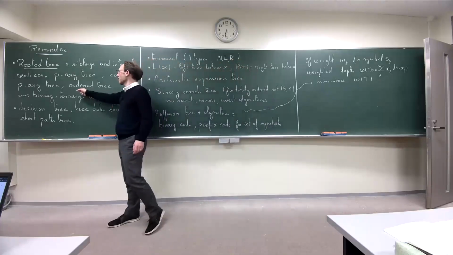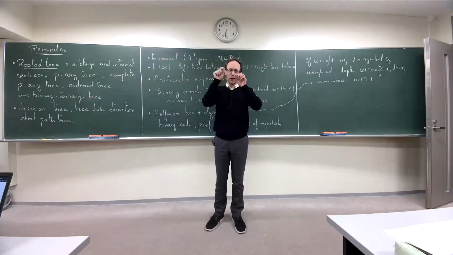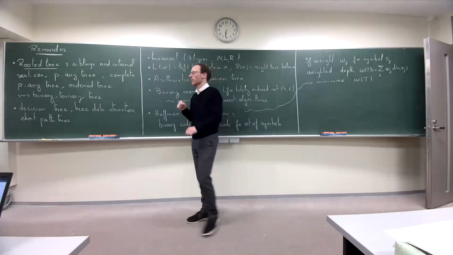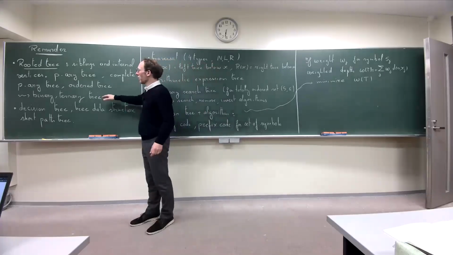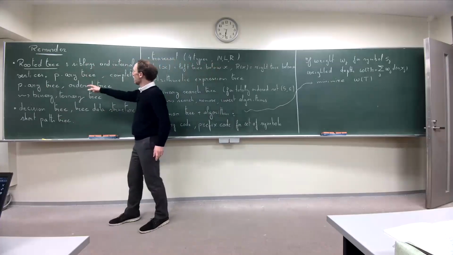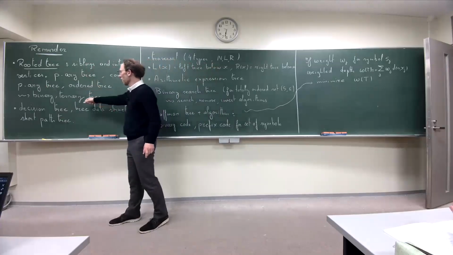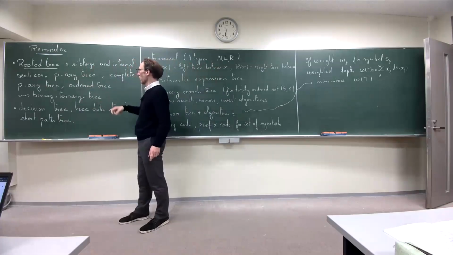And we had also this notion of ordered tree, where you decide, when you have children, which one is the first one, the second one, the third one, and so on. And with this, we define binary or ternary trees. So a binary tree is a two-ary tree which is ordered, and a ternary tree is a three-ary tree which is also ordered.